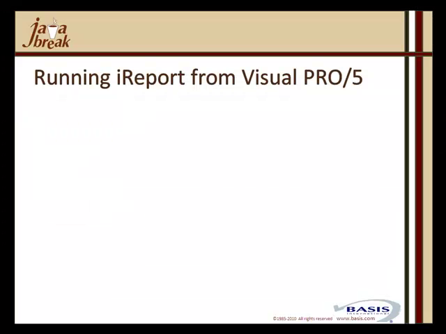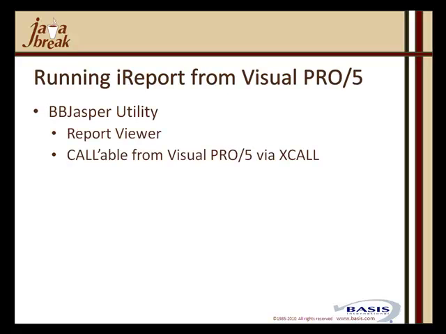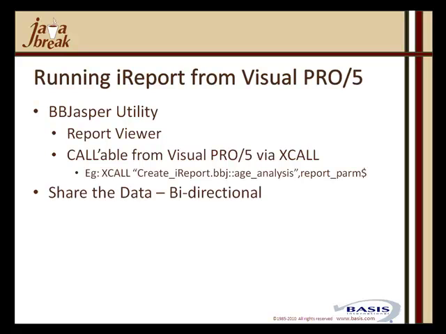For those of you who are still in the Visual PRO/5 world, you can run the iReport from Visual PRO/5. We need the BBJasper utility and the report viewer capability, but we can make that callable from Visual PRO/5 via the XCALL syntax. So for example, we could have XCALL to a program called create_iReport.bbj, with an entry point as the label age_analysis, and we'll pass it some parameters via report_parm$.